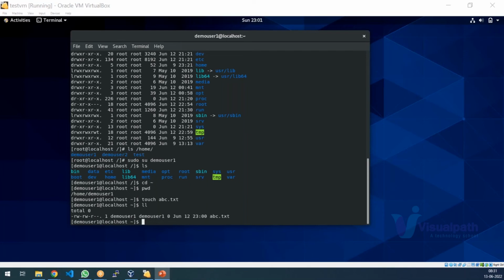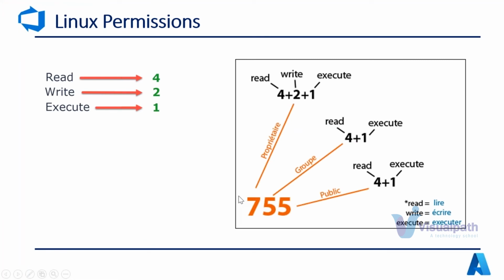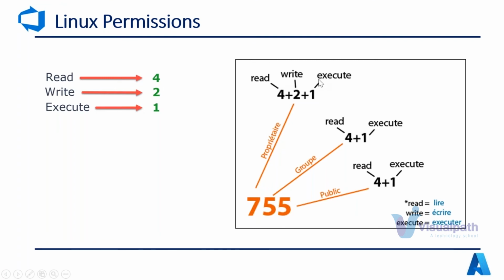So we generally represent it with numbers. When I say a file has 755 permission, 7 means it has read, write, execute. 5 for group means read and execute. And again 5 means it has read and execute. That's how we read it.